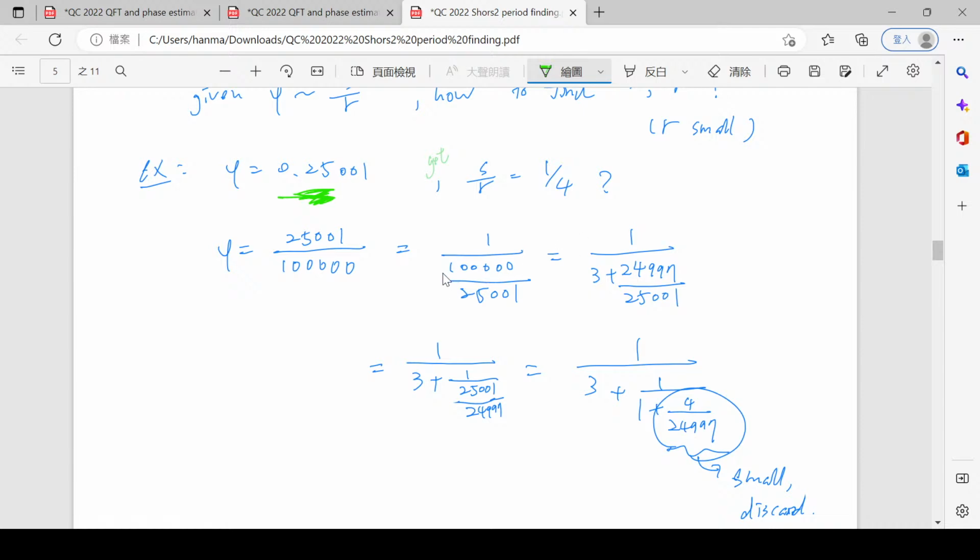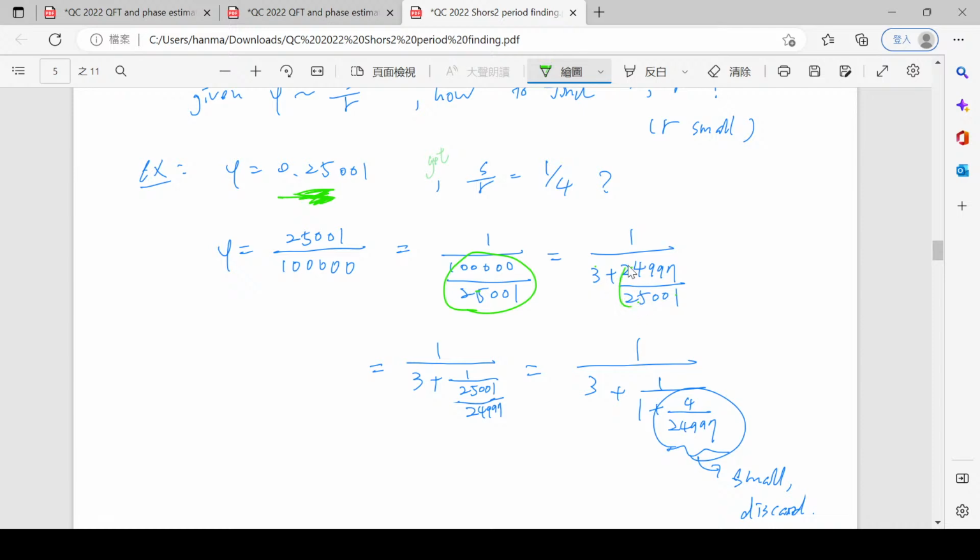Then you actually do the division here with some remainder. You flip this around as 1 over something. Because phi is less than 1, this is now bigger than 1, so you can do this division with remainder, right? You do the division, then you find this is 3 plus 24997 over 25001.